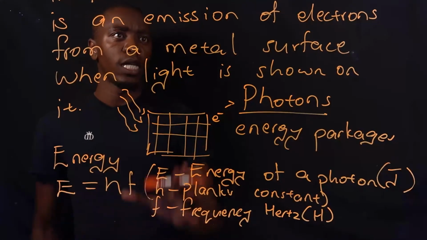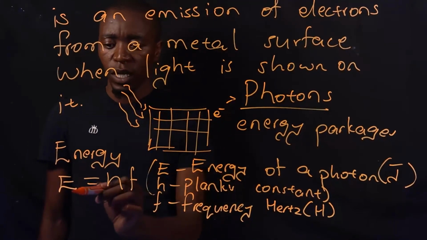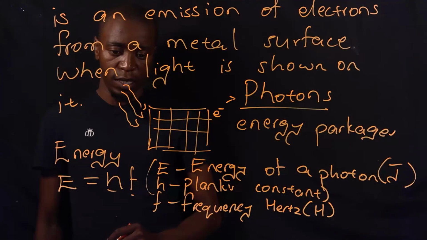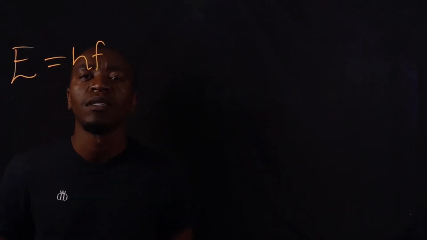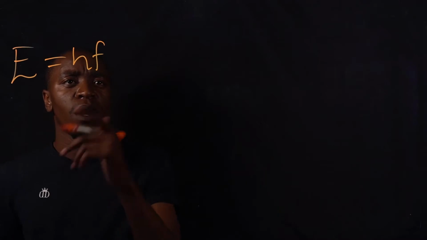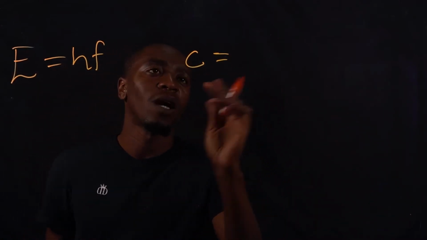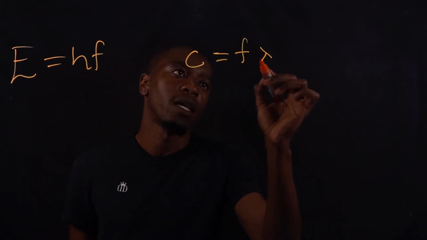So if you want to calculate the energy of a photon that can emit an electron from a metal surface, you use E equals hf, which is Planck's constant multiplied by frequency. Remember that speed of light is equal to frequency multiplied by wavelength.